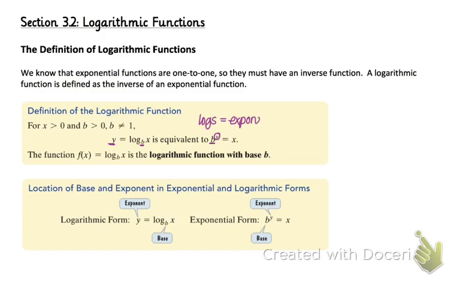And that is always how they're going to set up, is that logs equal exponents. And that helps you to retrace your steps and rearrange what you have there. And that's just what that second box at the bottom says as well.